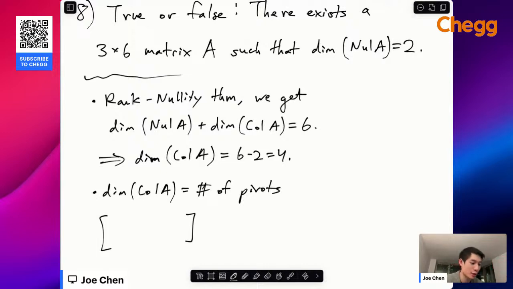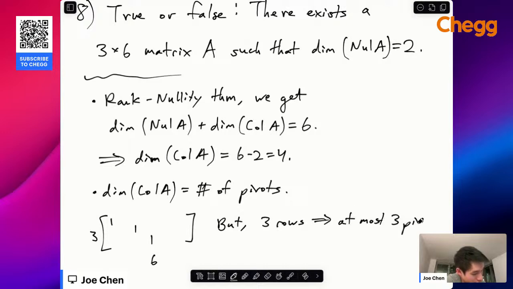Here, if it's a 3 by 6, then we only have 3 rows. So at most we can only have 3 pivots. That's impossible. We cannot have the dimension of the column space be 4 and yet have at most 3 pivots, because the dimension of the column space is supposed to be equal to the number of pivots. So, in conclusion, we have that.